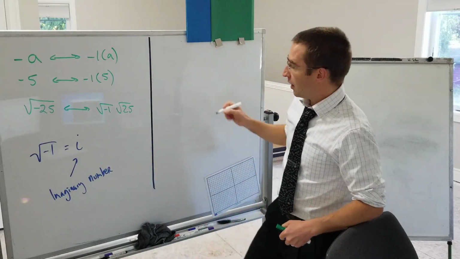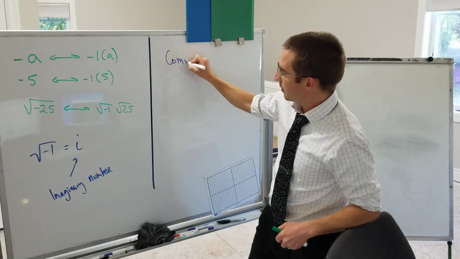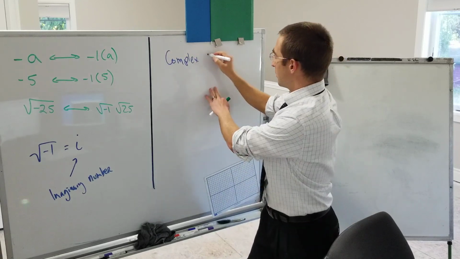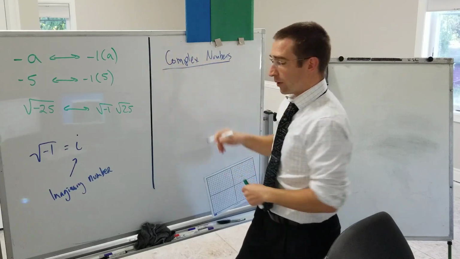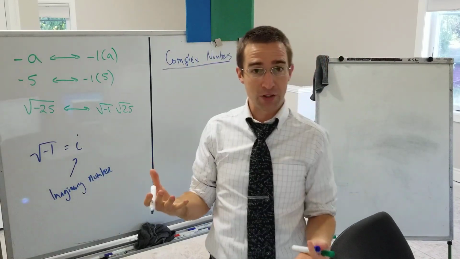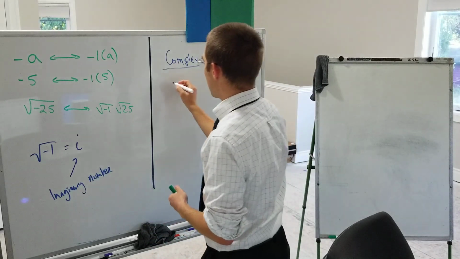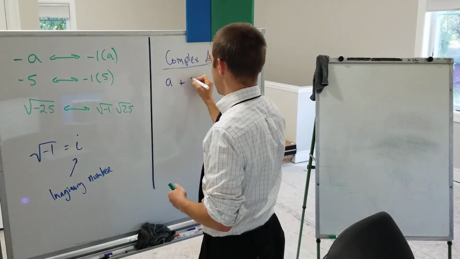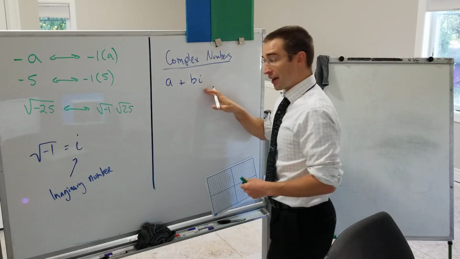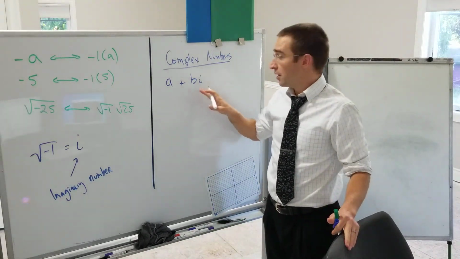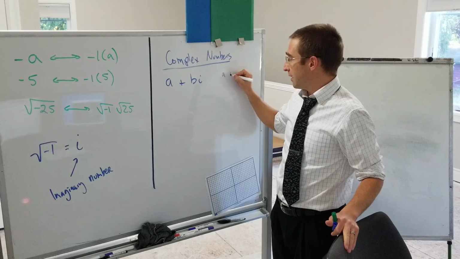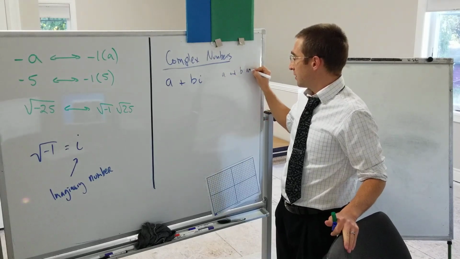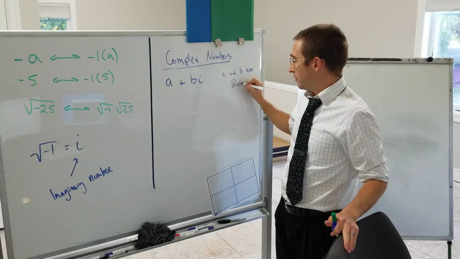Now, complex numbers are what you get when you combine real numbers with imaginary numbers. So they're written as a plus bi. That's the standard form to write a complex number, where a and b are real numbers. So a and b are real.